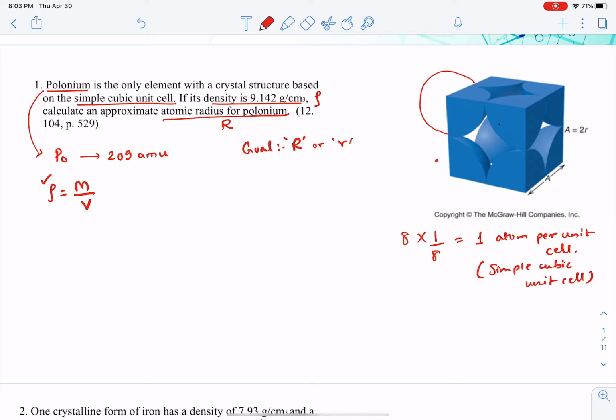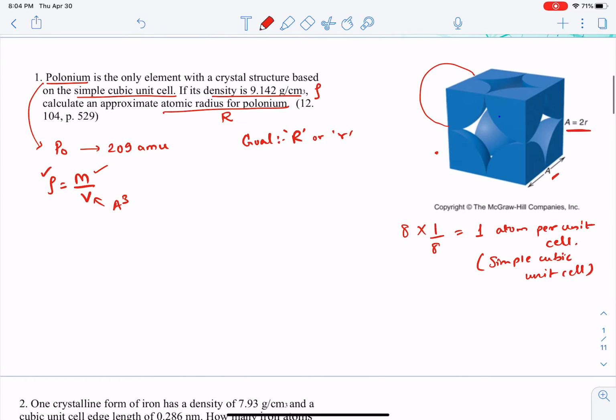The volume can be represented as a cube, where a is the side. So we first find the mass, then find the side a using both values, and from a we will get the radius. Here a equals 2r.